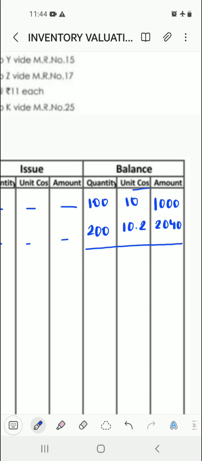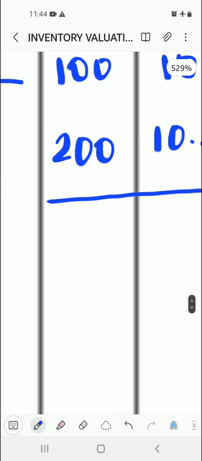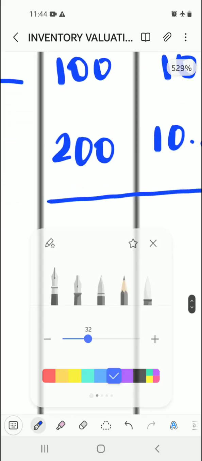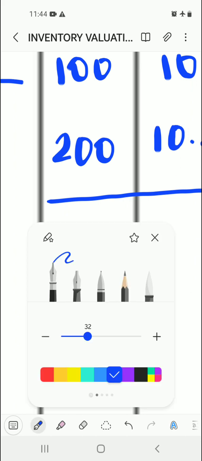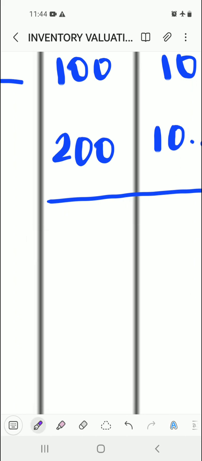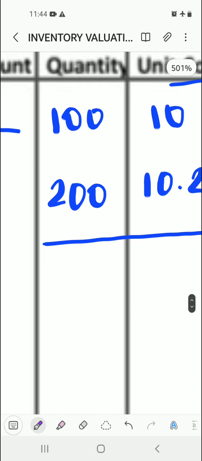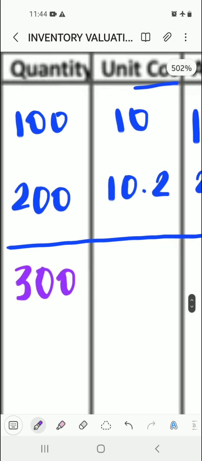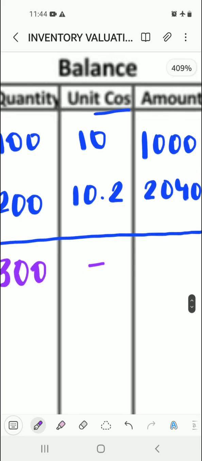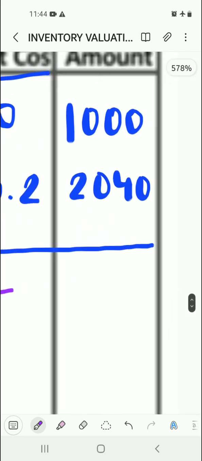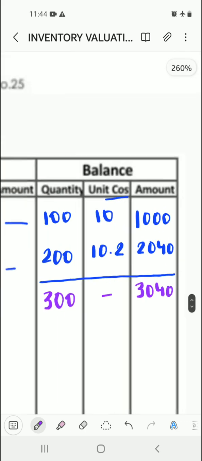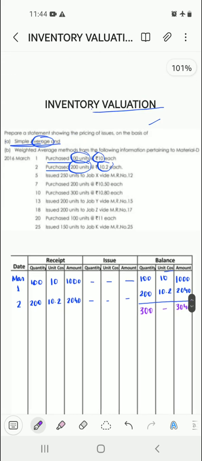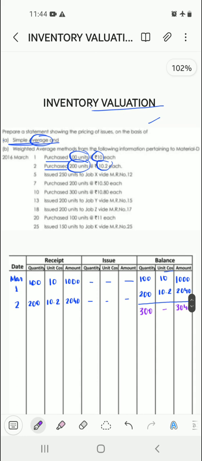Right now, we'll use a different color to write the total, such as violet. So 100 plus 200, we have got 300 units right now, and the price column we leave, the amount will be 3040. That is what we are left with as of March 2.